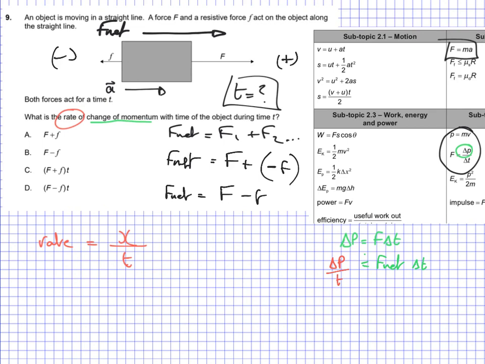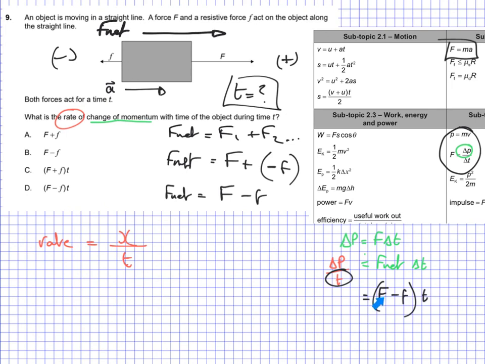So the F net, which is F minus F, multiplied by T. And now we have to take care of this rate.